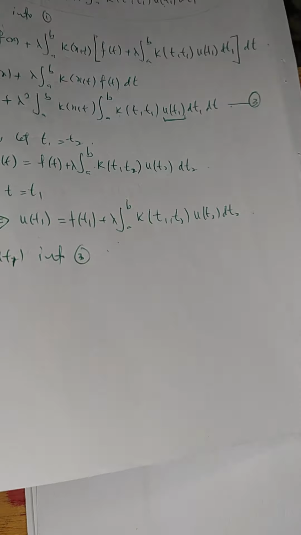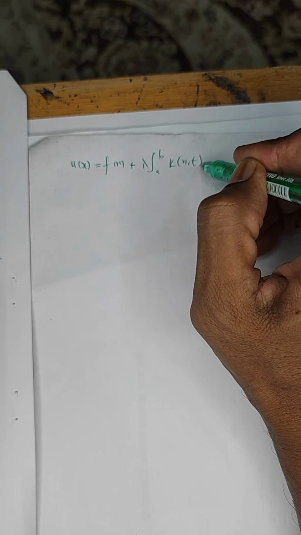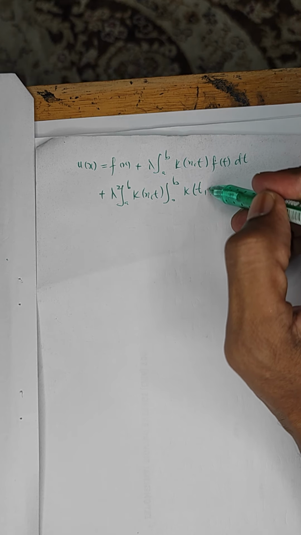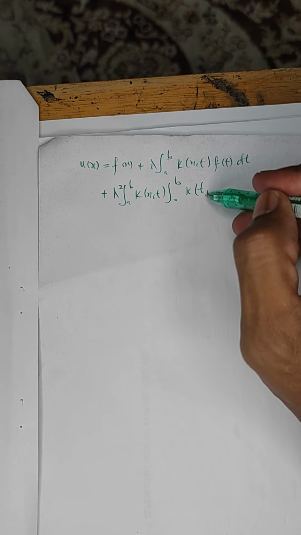So what we have now is lambda, integrate a to b, k(x,t) f(t) dt, plus lambda squared, integrate a to b, k(x,t), integrate a to b, k(t,t1) u(t1).